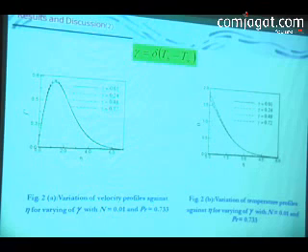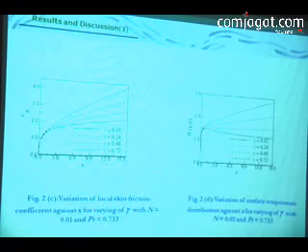As a result, when the velocity increases with the thermal conductivity variation parameter, the skin friction increases for the increasing value of the thermal conductivity variation parameter. And as a result, surface temperature increases for the increasing values of the thermal conductivity variation parameter.